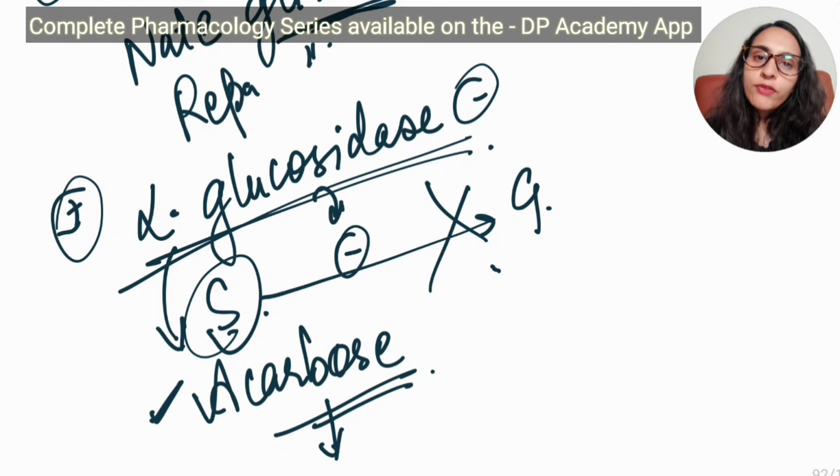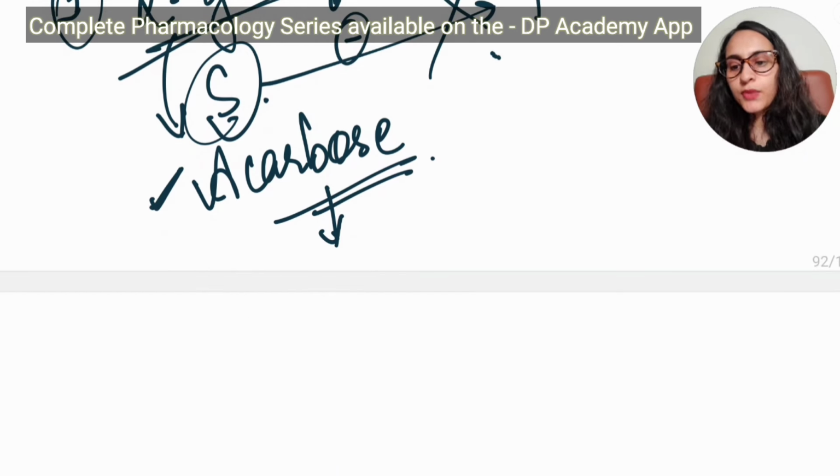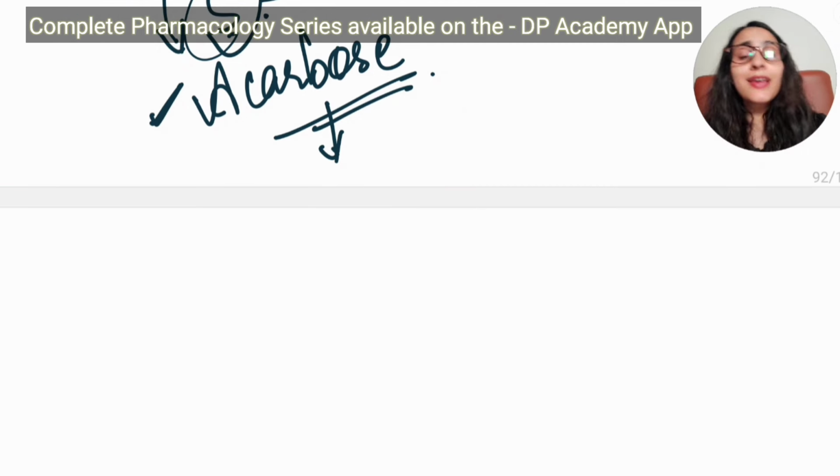So even if you give table sugar to these individuals, no more glucose enters into the blood because this conversion is stopped by acarbose. That is why you do not give table sugar to a patient who is taking acarbose and presents with an episode of hypoglycemia, because it won't work.